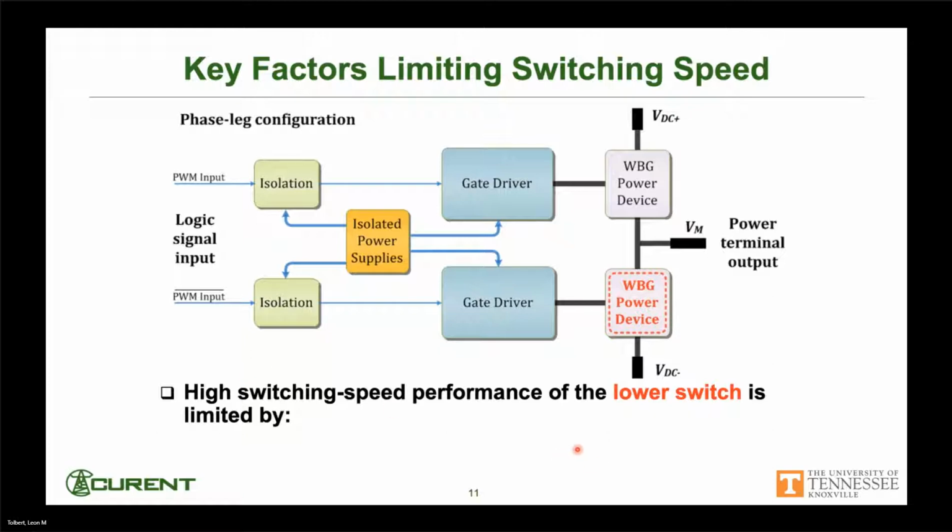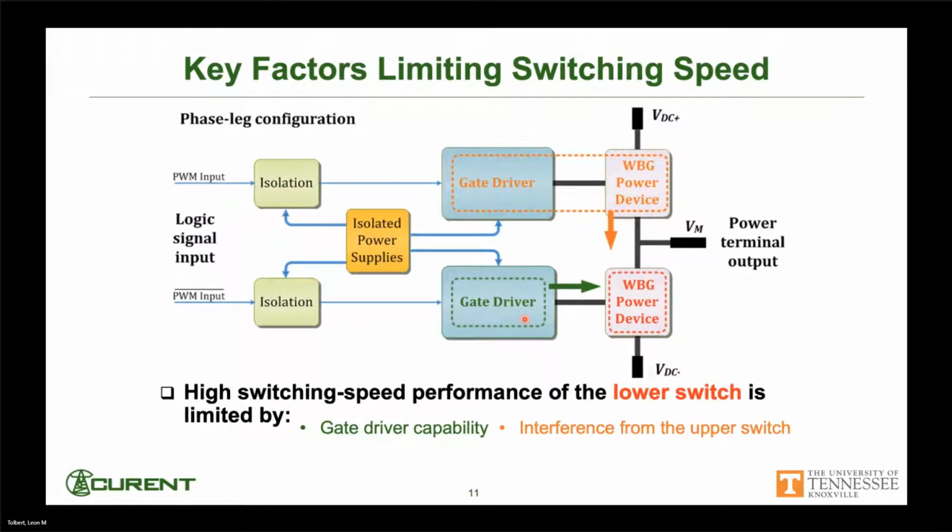High-speed switching, and we're going to focus on this device here, is limited by the capability of the gate driver itself, which of course has some capability, but as we're going to see, it's also influenced by interference from this upper switch. This switch turning on and off can end up affecting this switch, which of course is something we don't want to happen.